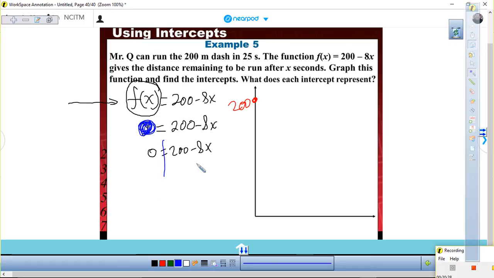Let's solve this. Subtract 200. We're left with negative 200 equals negative 8x. Divide by negative 8, divide by negative 8. 25 equals x.